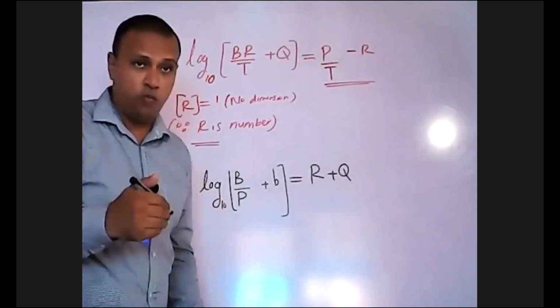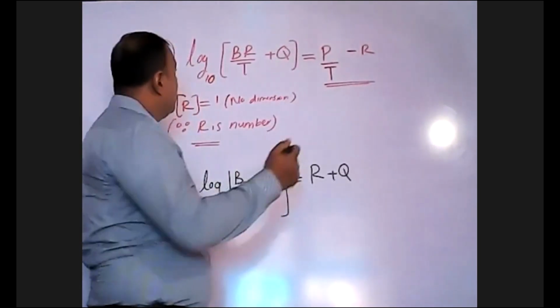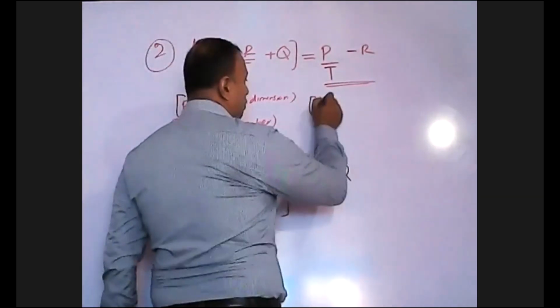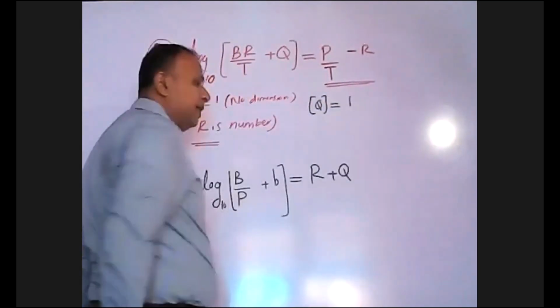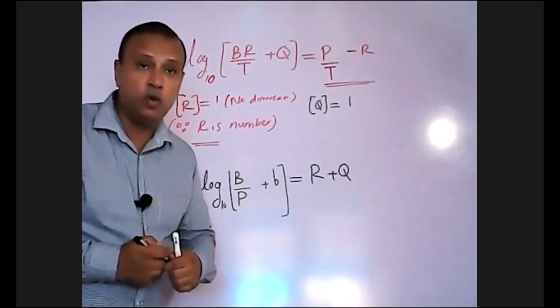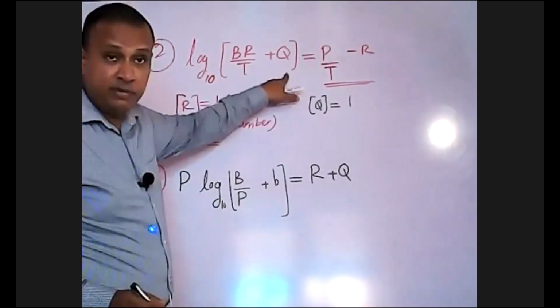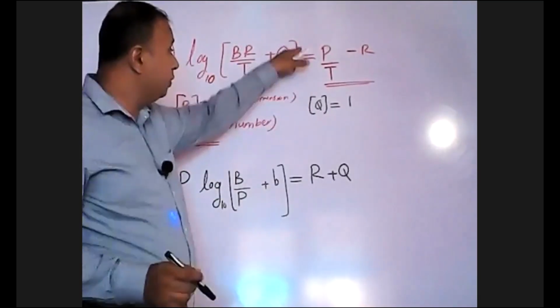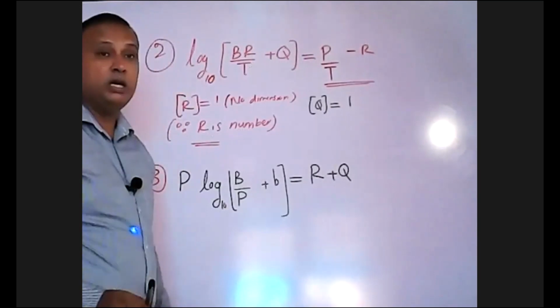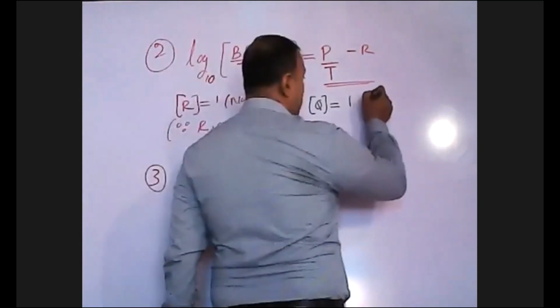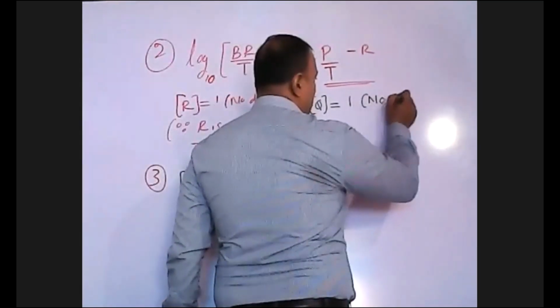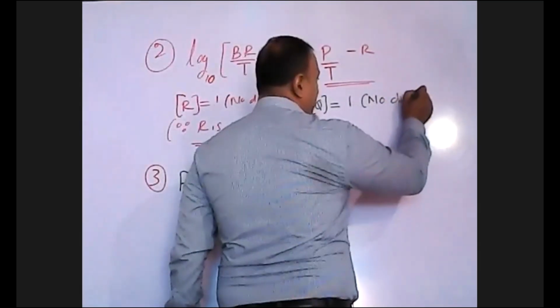According to that argument, the dimension of Q is also 1, no? Because this is a number, and if it is a number, Q is also a number. This means no dimension.